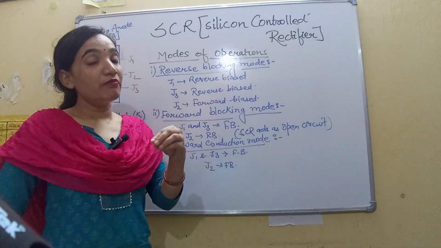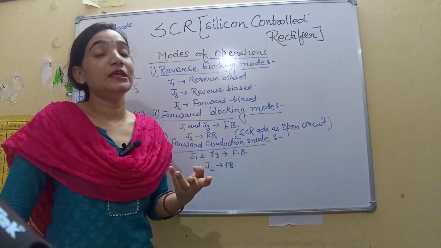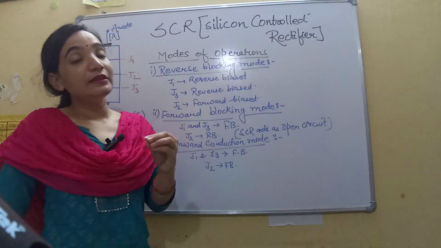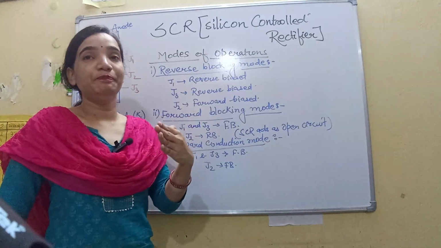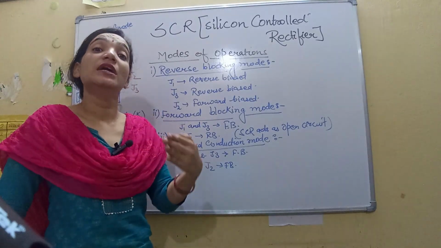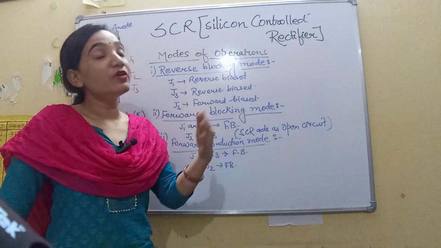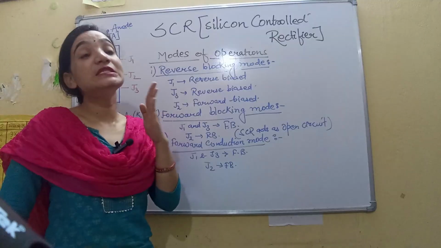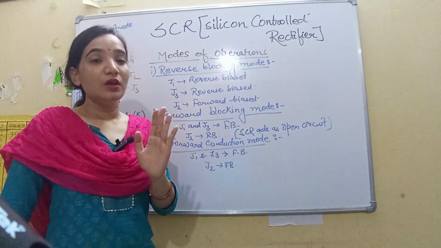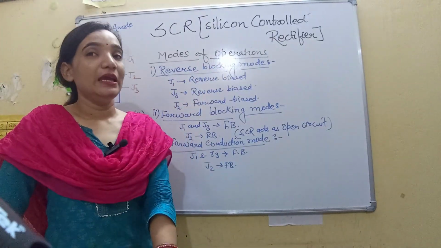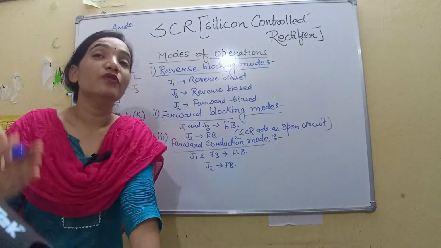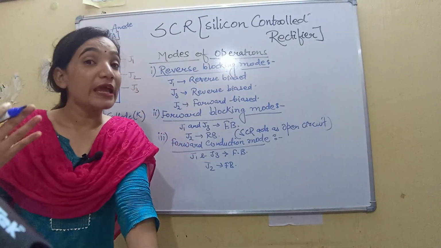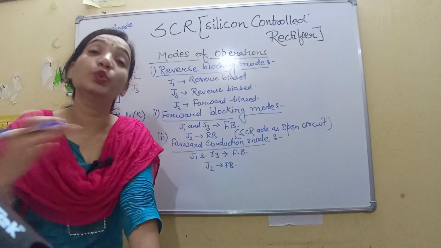Further, if we increase the gate current, the breakover voltage is achieved even sooner, and our SCR starts to conduct sooner. So on increasing the gate positive trigger, our SCR starts to conduct quickly.